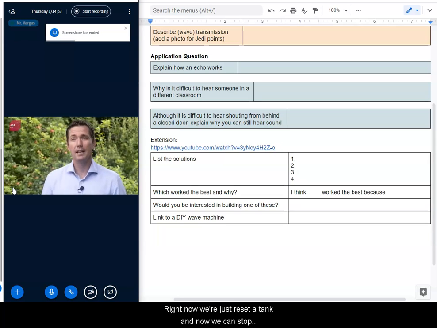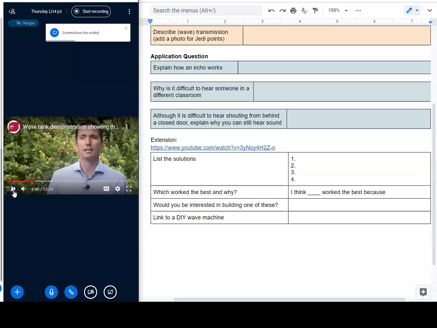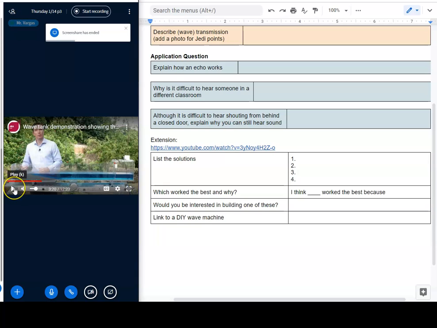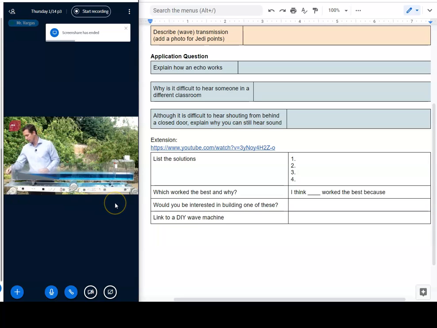Alright, now we've just reset our tank and now we can start testing. Look how much we've actually got.